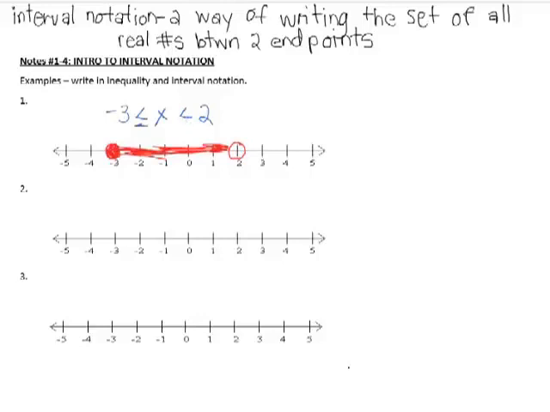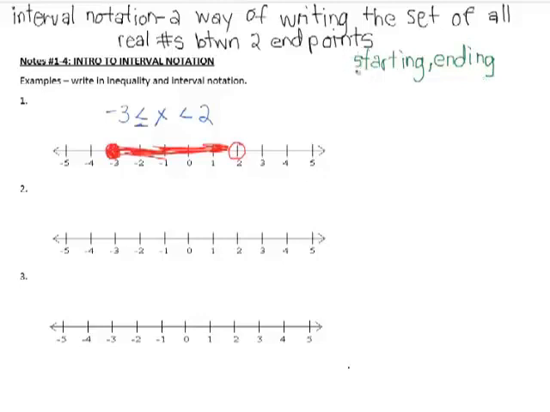Alright, if I wanted to write this in interval notation, it's fairly simple. How you write interval notation is almost like a coordinate. You write your starting point, comma, your ending point.